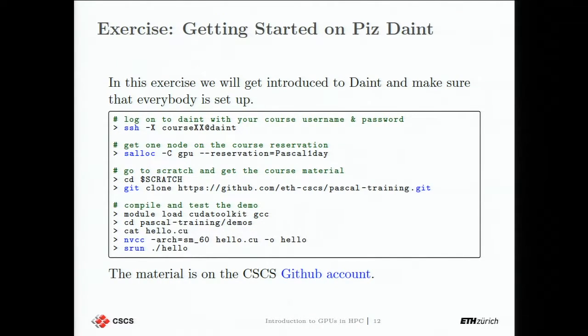So open up the terminal and then SSH onto Piz Daint. On your piece of paper, you'll have course and a number and then your username. Just use whatever the number was there, so course 23 or course 12, whatever, @Daint.